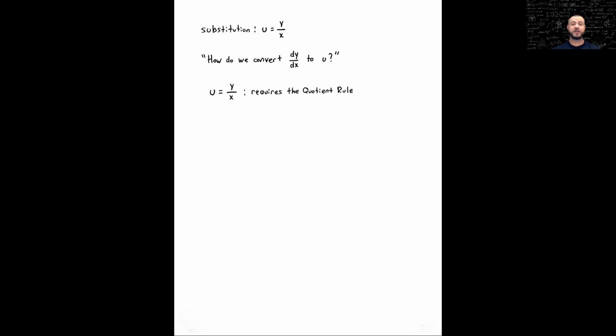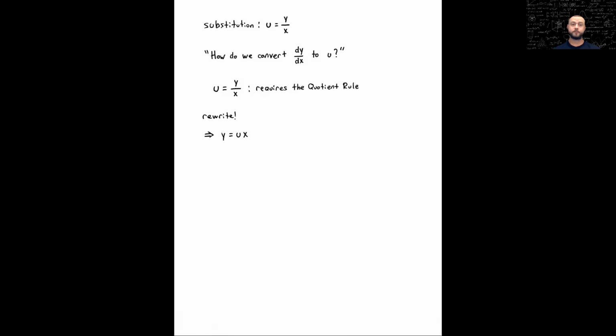Now we could use the basic original version that we came up with, u equals y over x, but if you recall, y is itself a function, remember we're always assuming y is a function of x, here we have a function divided by a function. And that would require the quotient rule to differentiate it. Now, there's nothing wrong with using the quotient rule, but it can get a little bit messy. So let's avoid that by rewriting the substitution.